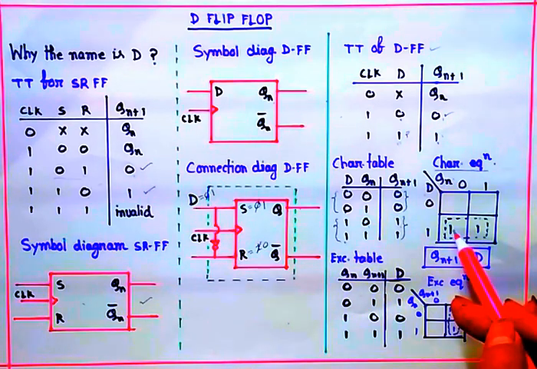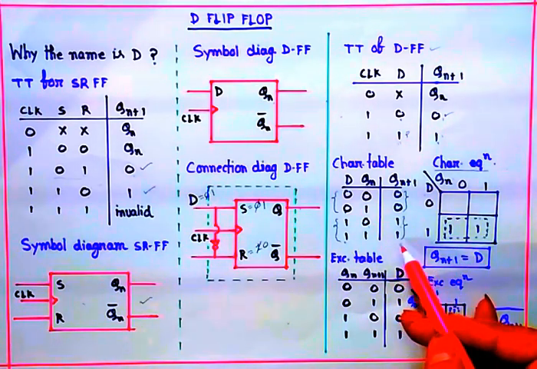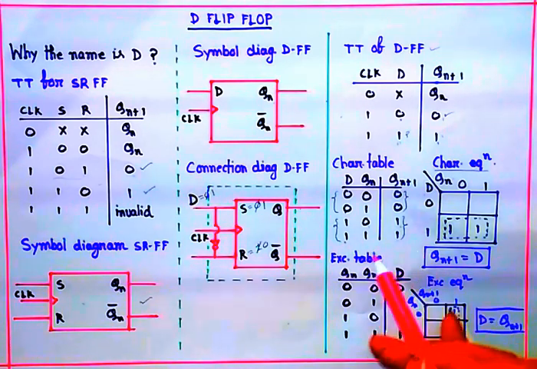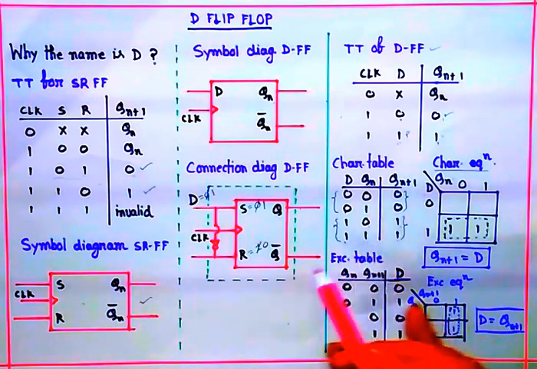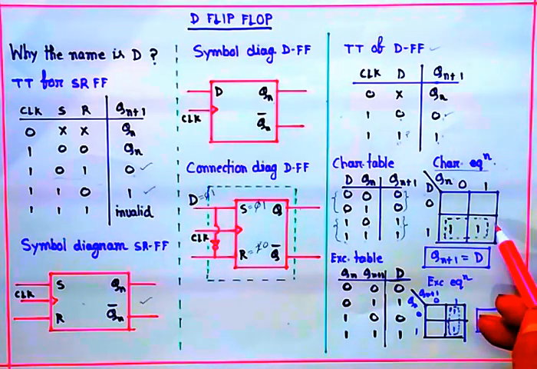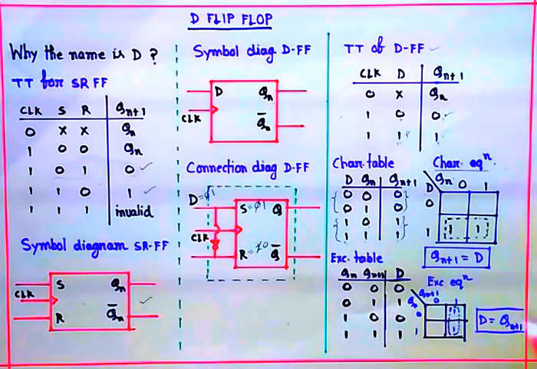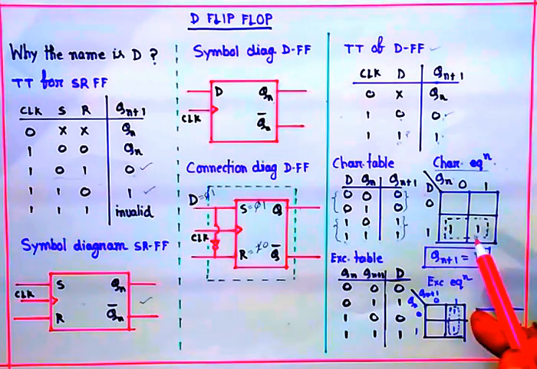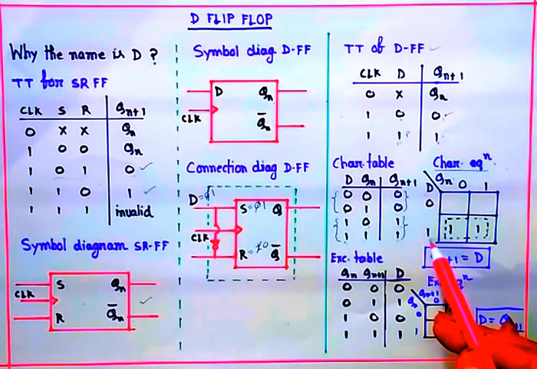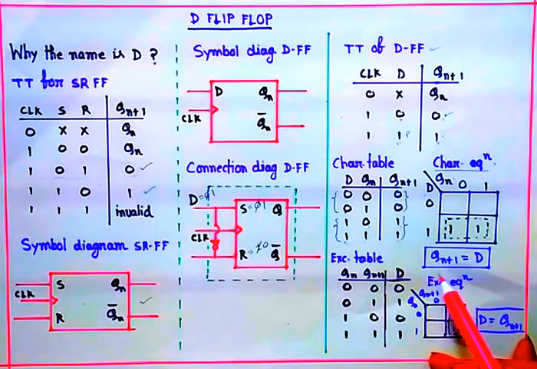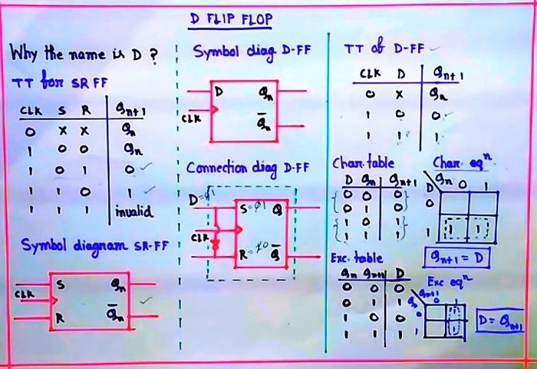That means put a 1 here, and also there is a 1 for Qn plus 1, and for this one D Qn was 1 and 1. That means put 1 here. And now make a group using these 2 ones. Ultimately you will get that Qn plus 1 is equal to D, because for this group D is constant at 1 and Qn is varying between 0 and 1. That means Qn plus 1 is equal to D.